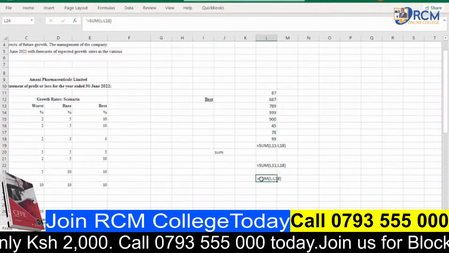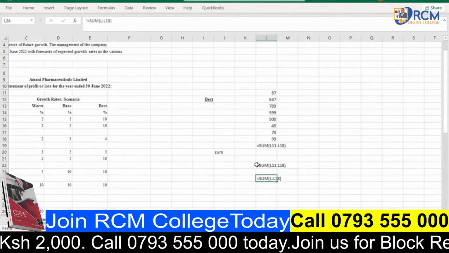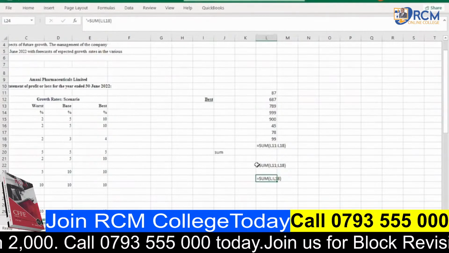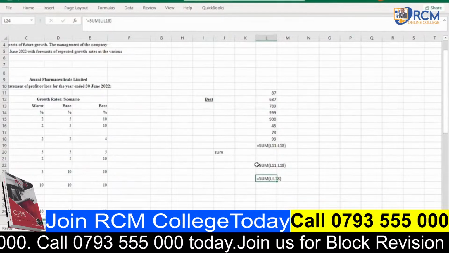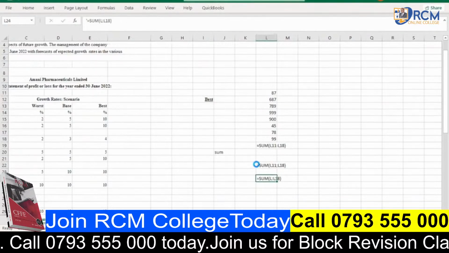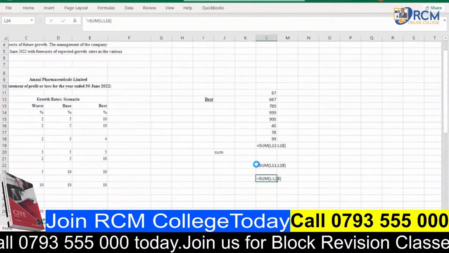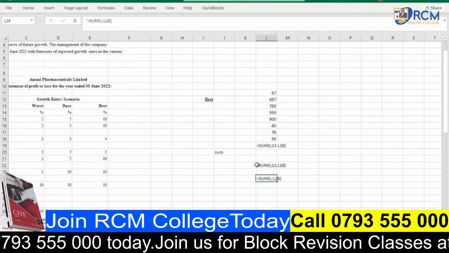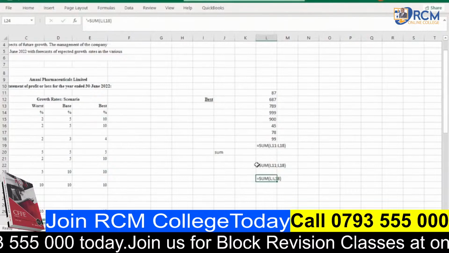Not pilot, but December. So there are a lot of shortcuts that you'll be able to see in topic number 2. For those who have purchased the BDA study text from RCM, you will be able to see all the shortcuts in topic number 2. And if you open any Excel document and try to follow those shortcuts, you'll see that everything is found within the worksheet.